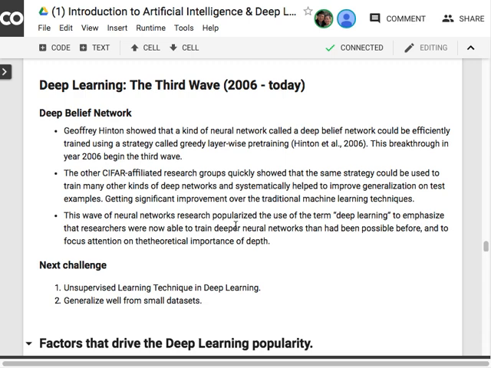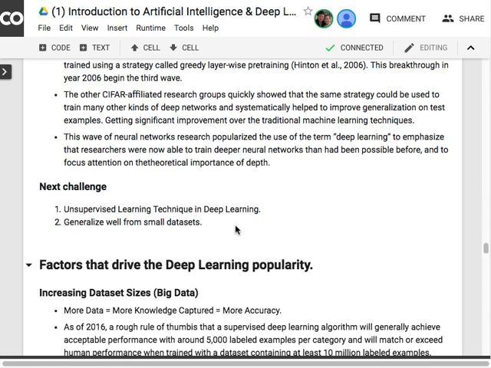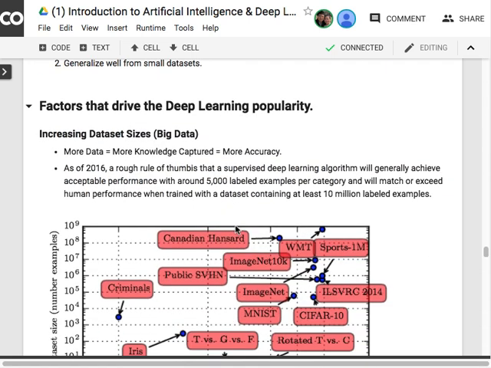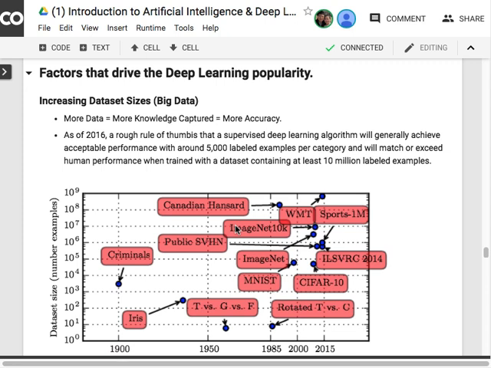this is the beginning of the third wave. And the factors behind deep learning's popularity are a lot of things. The first one is that nowadays we have a lot of datasets. If we have more data, the computer gets more knowledge and more intelligence, with more accuracy.